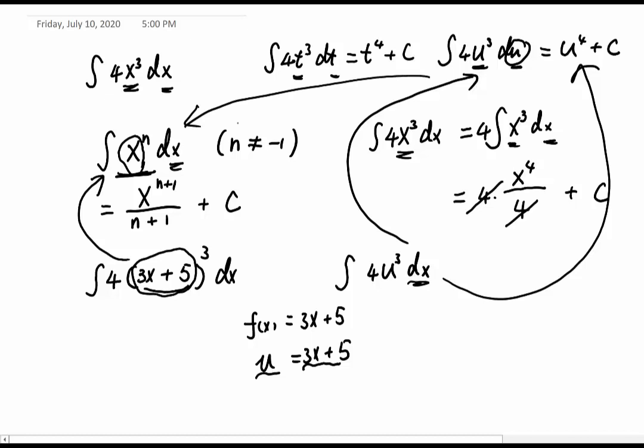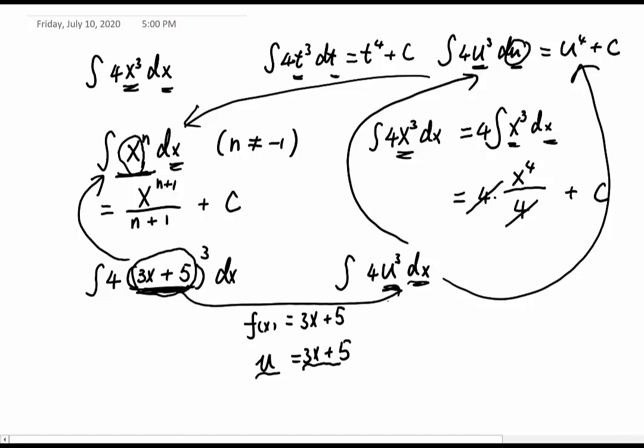This is the U-substitution idea. The U-substitution idea is basically to change the variable into a different variable. This time we are using u, so that's going to be u-sub. We substitute the original function here, 3x plus 5, by a u.